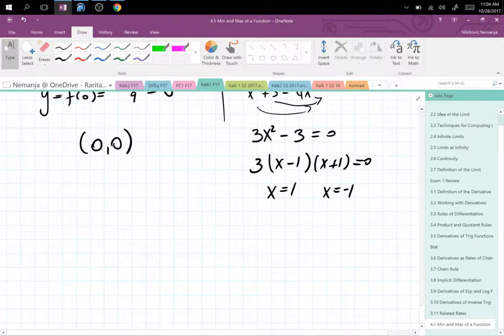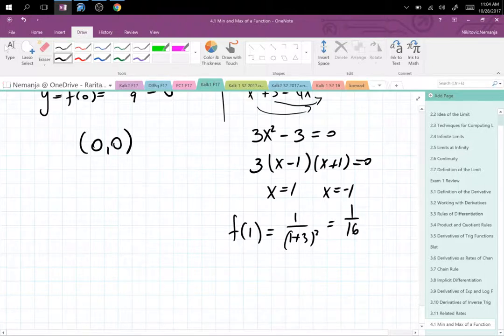Calculate f of 1. It's going to be 1 over x squared plus 3, right? So 1 plus 3, everything squared. The whole thing works out to be 1 over 16. So another point we are calculating is 1 over 16.